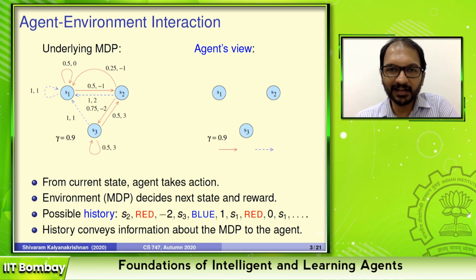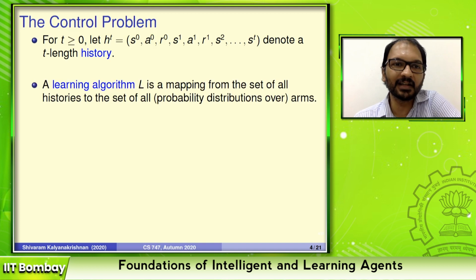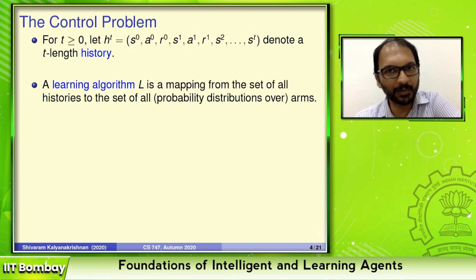Now let us get a little bit more formal in defining what is the control problem. The control problem is again the problem that we formalized last time. So at any point of time, the agent has its history to consult, and when we say agent, maybe you can also formally say it's a learning algorithm in the sense that it maps histories to actions or maybe distributions over actions.